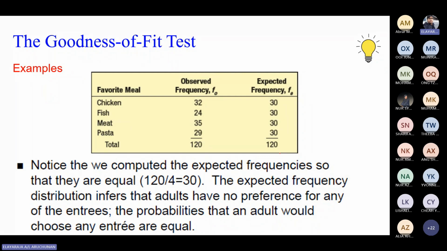The expected distribution infers that adults have no preference for any of the entrees, so the probability that an adult would choose any entree is equal. So we take 120 divided by 4 and get 30.